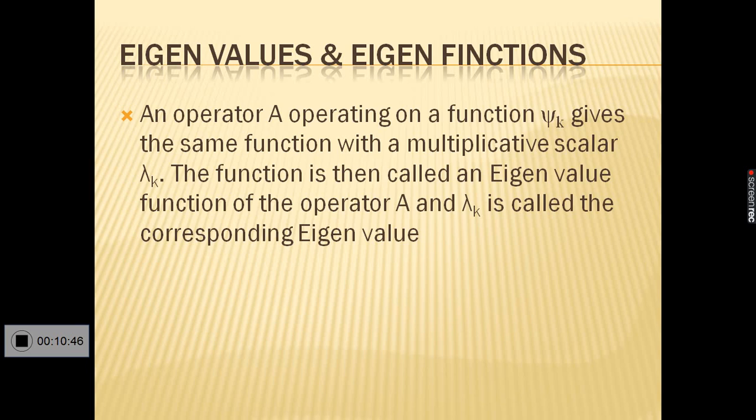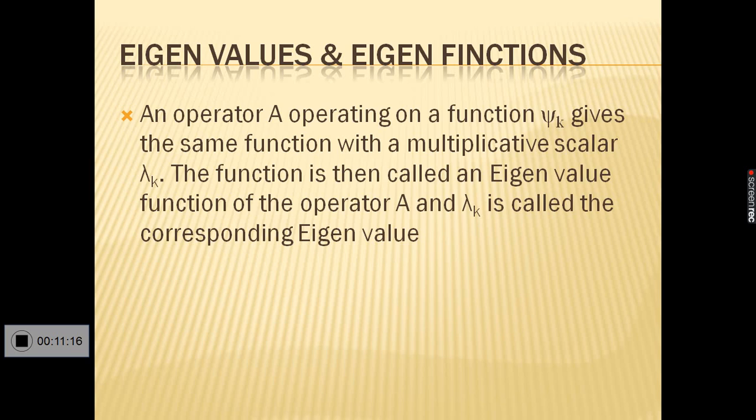If an operator operating on a wave function gives the same wave function with a multiplicative scalar quantity, then the wave function is known as an eigenfunction of the operator A, and the corresponding scalar quantity lambda k is known as the corresponding eigenvalue.